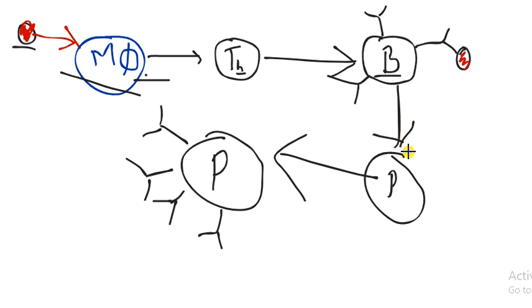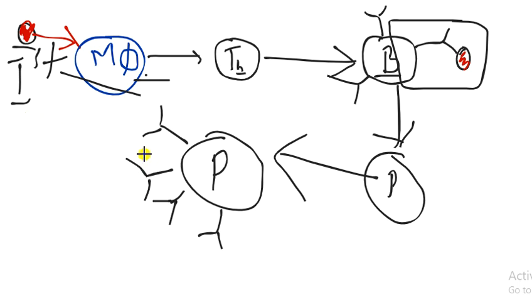The B cell promotes production of plasma cell and produces a particular specific IgE, so it can bind with the allergen next time. So this is the first exposure.